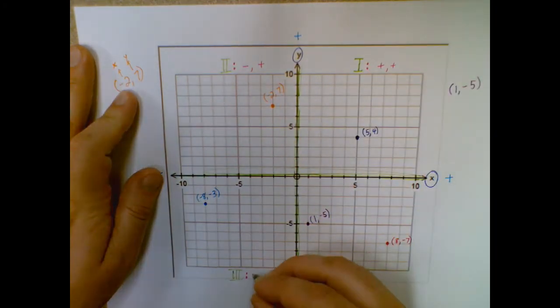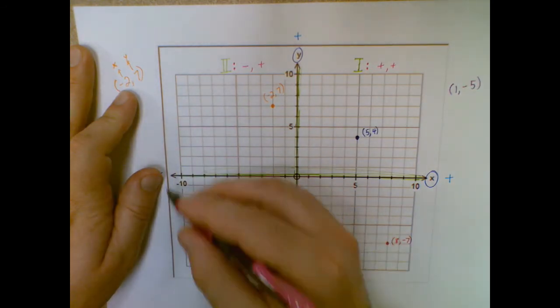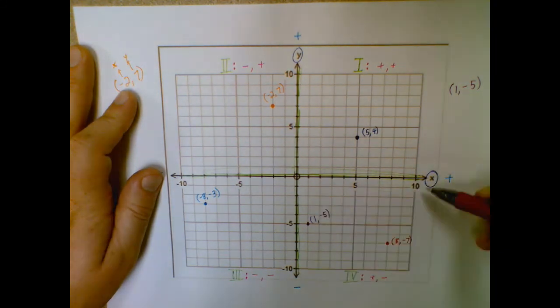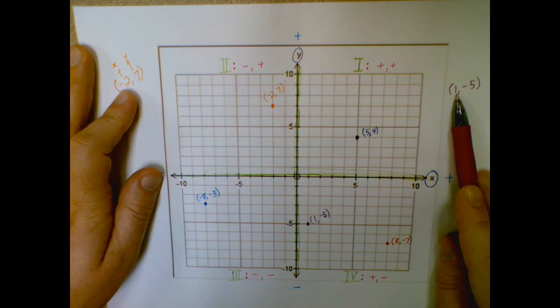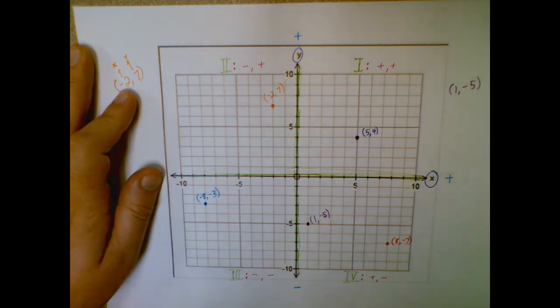Down here, these are both going to be negative numbers, like negative 8, negative 3. All the points in quadrant 3 are both negative. And over here, you're going to have positive, negative numbers, like 8, negative 7, or 1, negative 5. Every point over here. So if you remember that, then just by looking at 1, negative 5, I know it has to be in quadrant 4 because it's positive, negative. So it can just help speed things up for you a little bit.